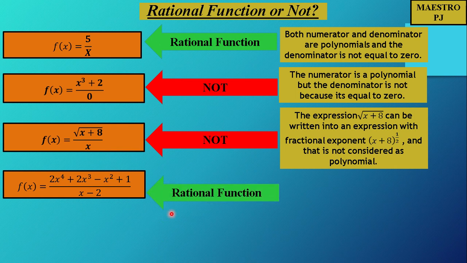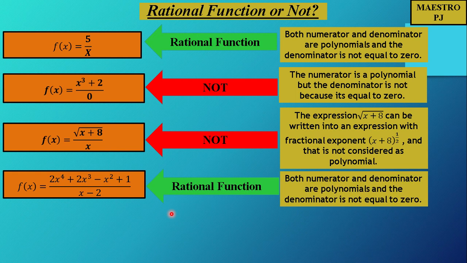Hindi. It's a rational function. Bakit? Kasi yung numerator natin is a polynomial function kasi wala naman kayong nakikitang negative exponent dito. Itong denominator is also a polynomial. So therefore, this is an example of rational function. Hindi rin naman 0 yung denominator natin.